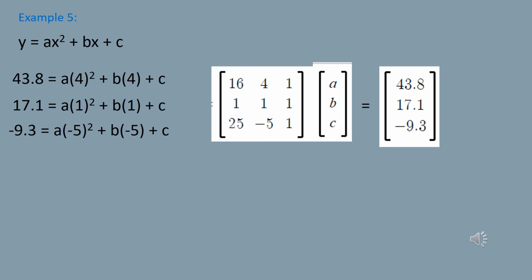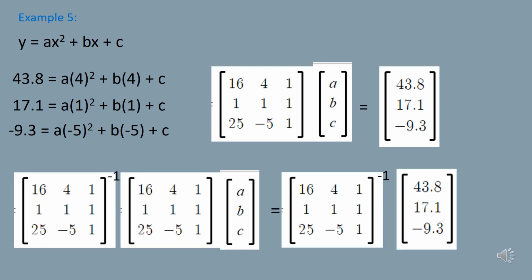And then 1 times A plus 1 times B plus 1 times C equals 17.1 is the second set of data plugged into the quadratic equation. And then 25 times A minus 5 times B plus 1 times C equals negative 9.3 is our third set of data plugged into the quadratic equation.